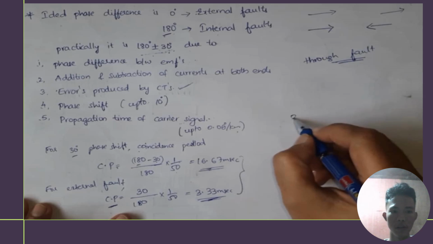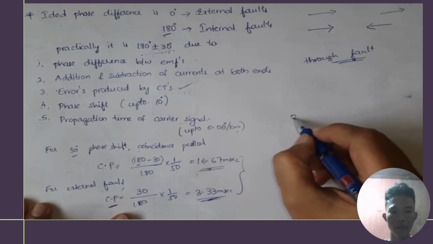So at internal faults for 30 degrees phase shift, the coincidence period will be solved using (180 minus 30) over 180 times 1 over 50, and it will equal 16.67 milliseconds of time period.